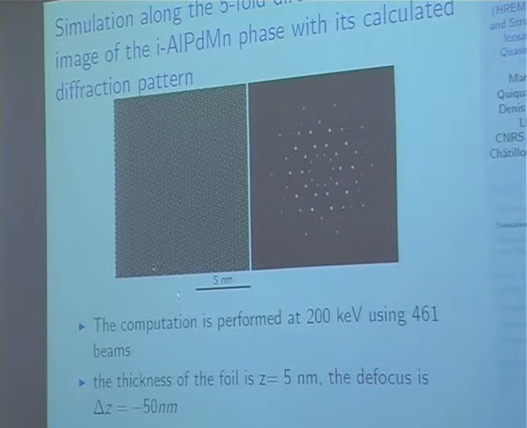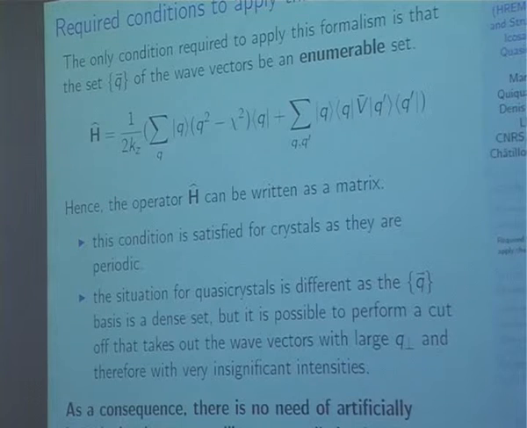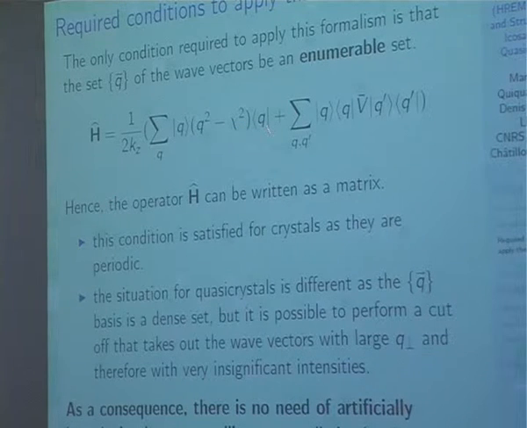The thickness of the foil is 5 nanometer, the defocus is minus 50 nanometer, and the optical aberration parameters are the following.